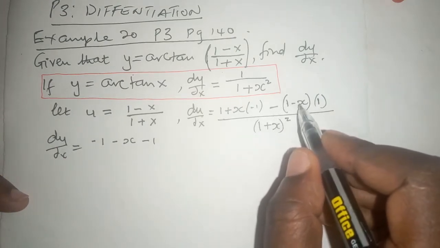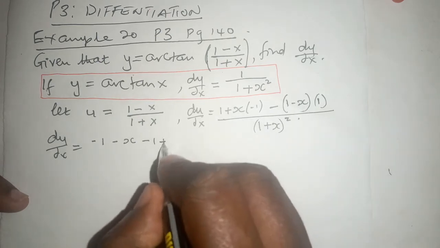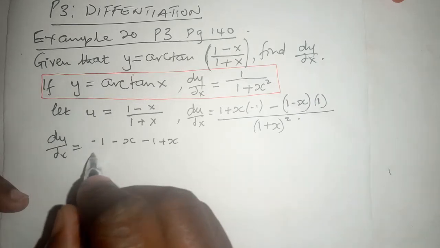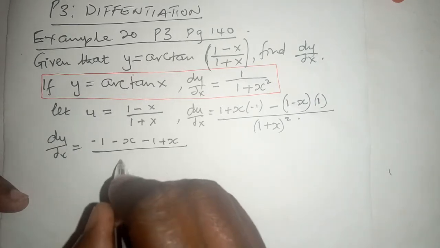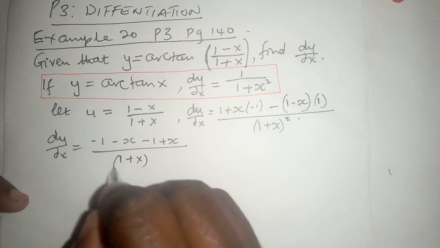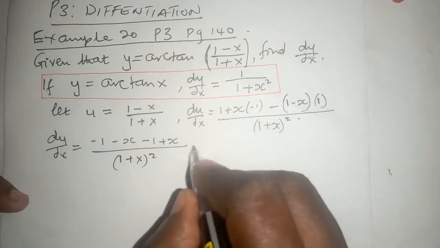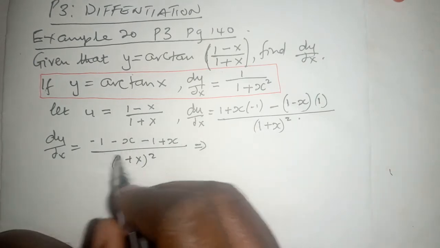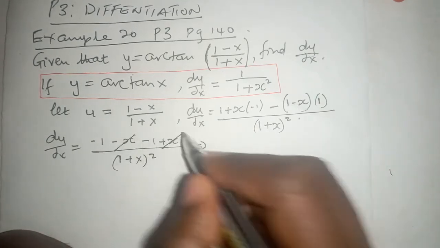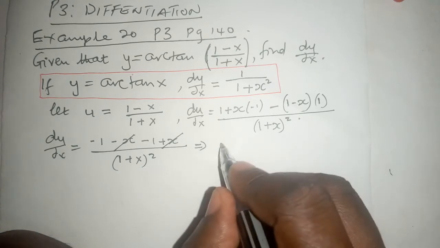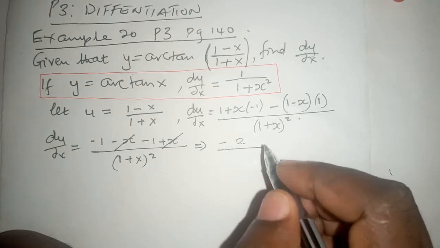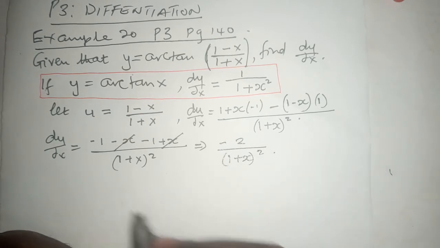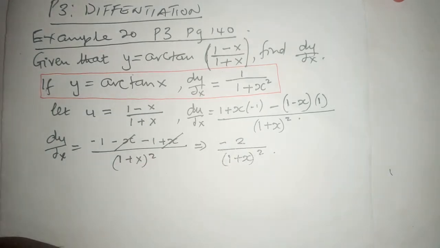Negative times negative becomes plus, so plus x, everything over 1 plus x squared. If you clean up the numerator a little bit, the minus x plus x will cancel out, and you're going to have minus 2 all over 1 plus x squared. That is du/dx for you.